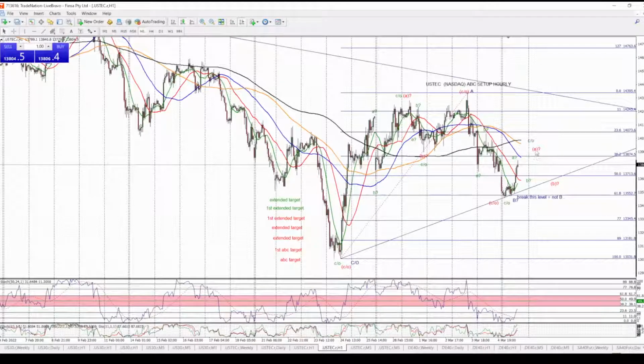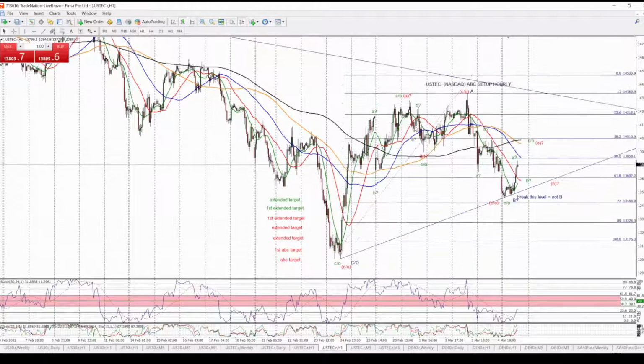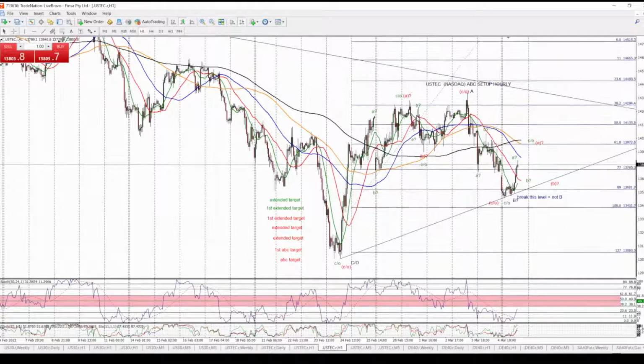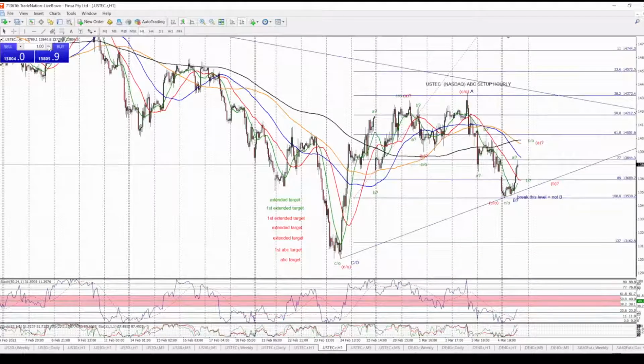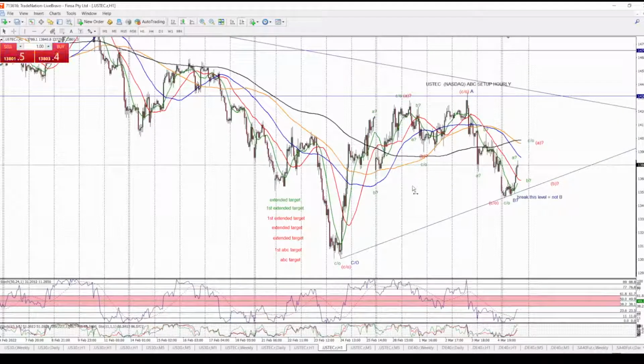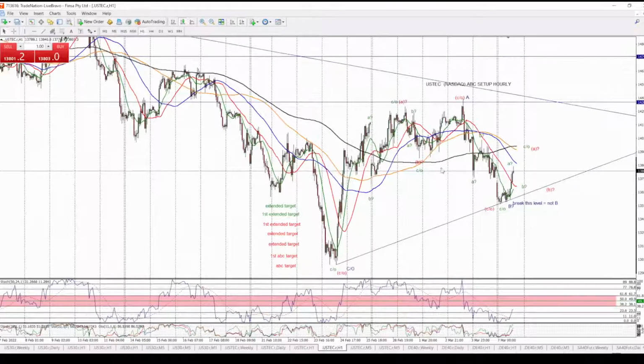C in 24 hours to give us the red A. I want to get the targets off this quickly as well. 38.2 being first target, 11 being second. That first degree, so it's blue.